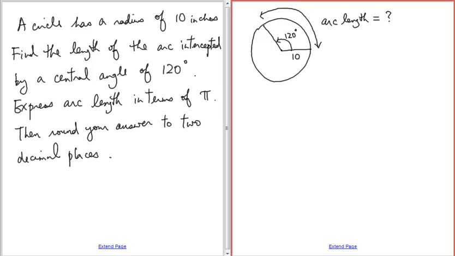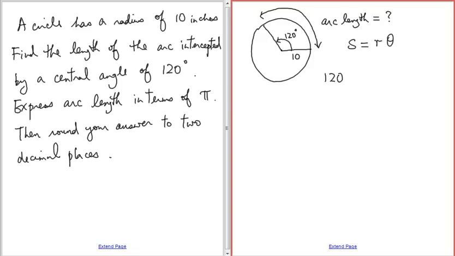And we know that the arc length S is equal to R times theta. But can we apply this formula right away? We cannot, because the data has to be in radians. So we need to turn the angle into radians first.